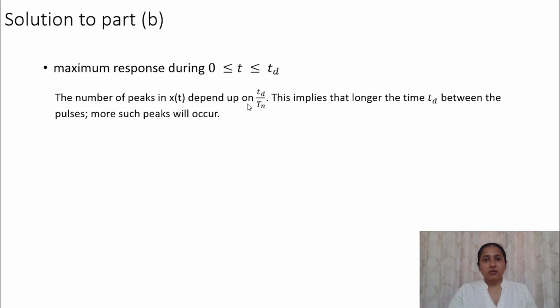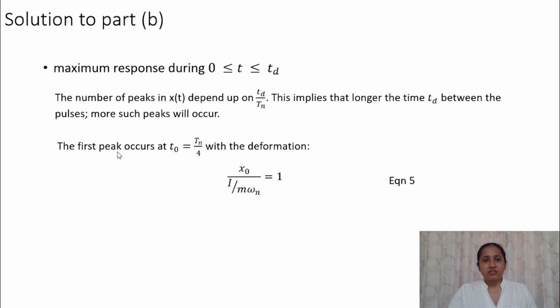So depending upon the value of Td by Tn, we can find the maximum response. The first peak occurs at Tn by 4. At the peak, the maximum response is x0 by I by m omega n equal to 1. That means x0 is equal to I by m omega n.